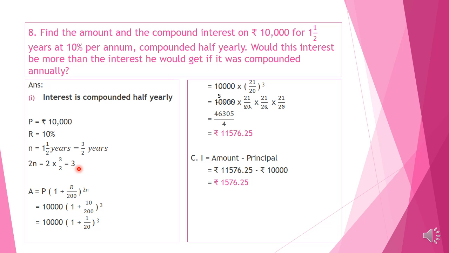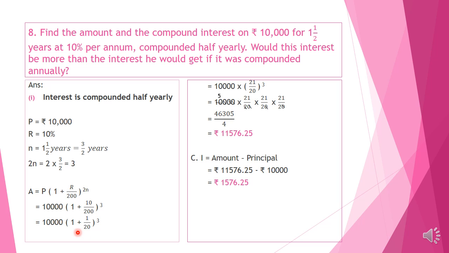Okay children, and we have to apply the formula. A is equal to P into 1 plus R by 200 raised to 2n, and here P takes the value 10,000, R we have to write 10%, and 2n number of half years we already got it as 3. Okay, now 1 plus 10 by 200. 10 by 200 we can simplify, 0 get cut and it is 1 by 20.